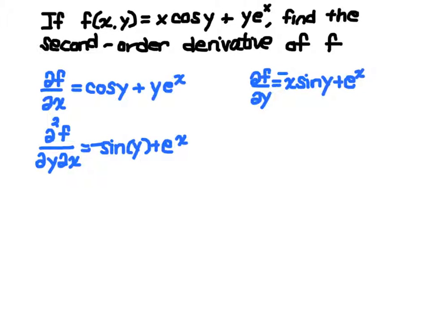Now, on the other side here, let's find the second partial derivative of f with respect to x and y. And of course here we're going to start by finding the partial derivative of f with respect to y, which we have here.